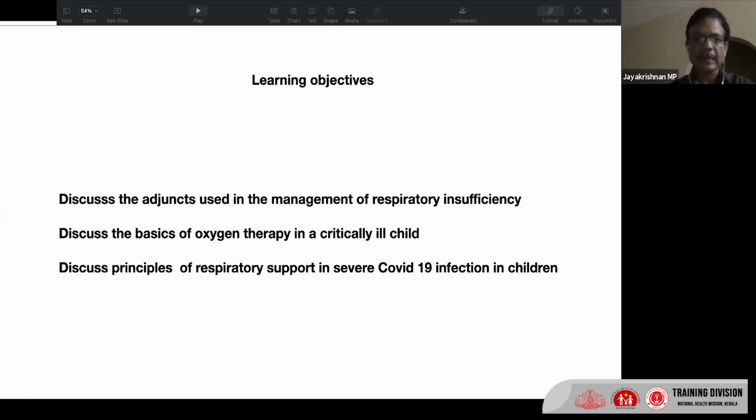But since this is a mixture of all general practitioners also, this may look quite basic for some of the doctors who work in big hospitals, but I will try to discuss the basic things regarding oxygen therapy. We'll discuss the adjuncts used in the management of respiratory insufficiency in children, and also oxygen therapy, and in the context of severe COVID-19 infection, the principles of respiratory support also.